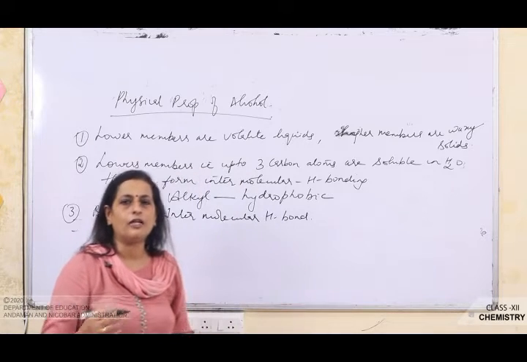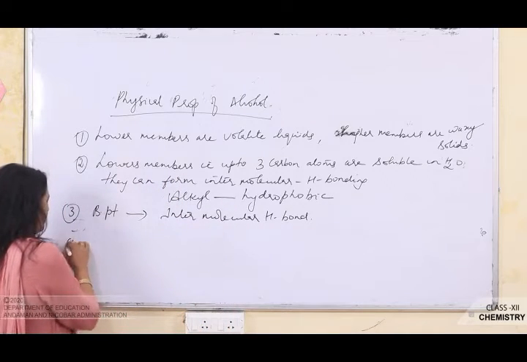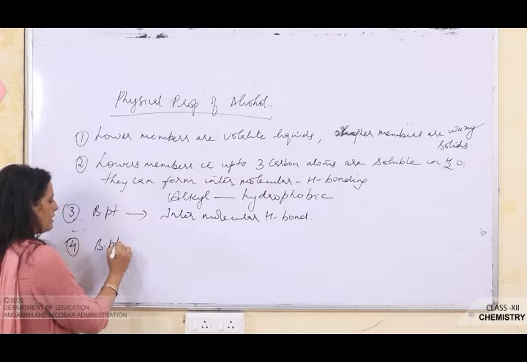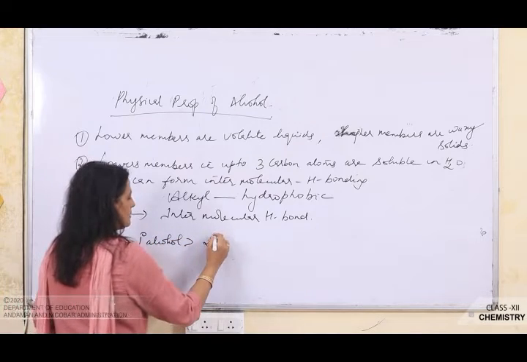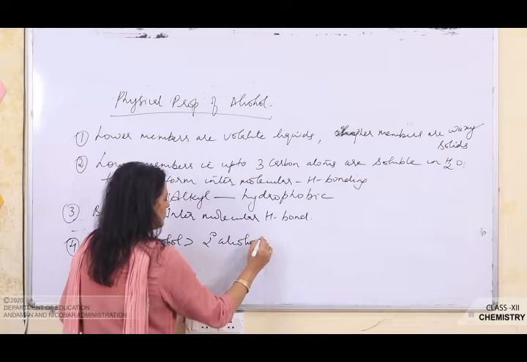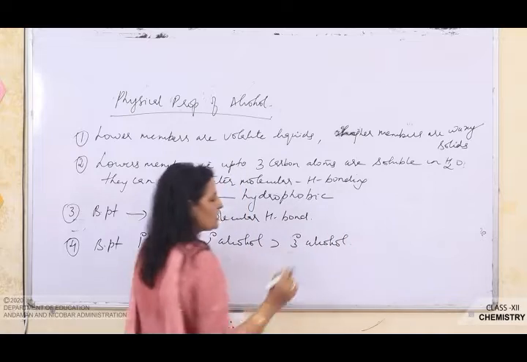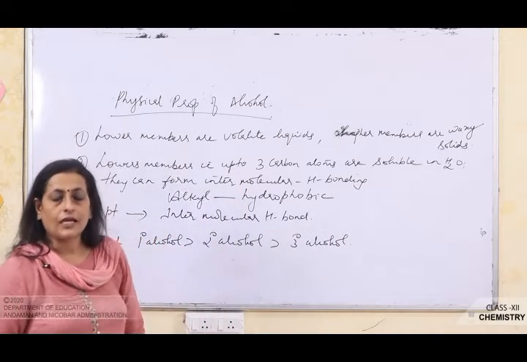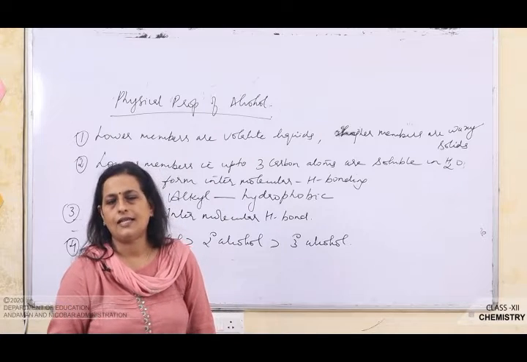So, what is the order of boiling point of primary, secondary and tertiary alcohol? The boiling point of primary alcohol will be the highest, greater than secondary alcohol, greater than tertiary alcohol. Is it clear? Because as branching increases, the molecules assume spherical shape, the surface area decreases and hence boiling point decreases.